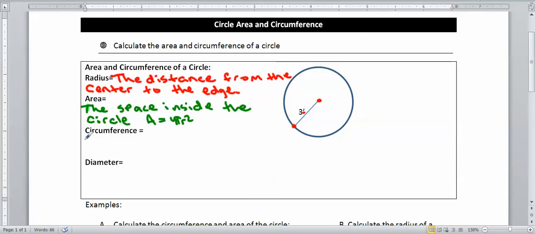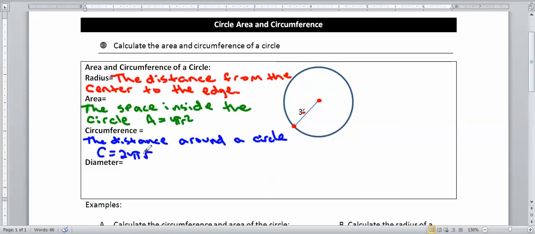Circumference is the distance around a circle. And the formula for circumference is equal to 2 times pi times r.